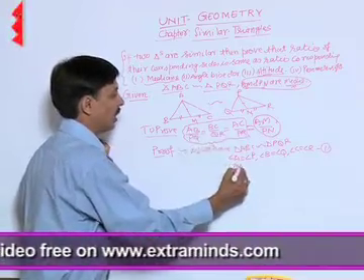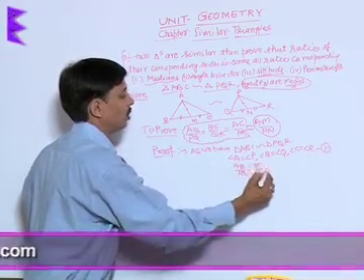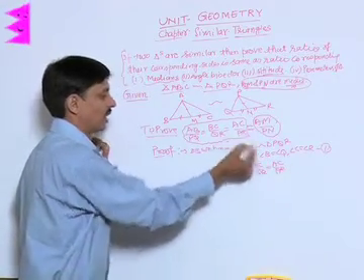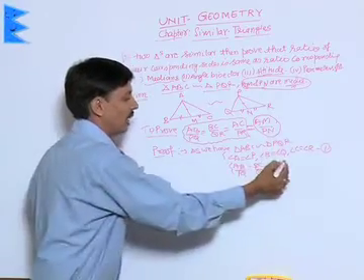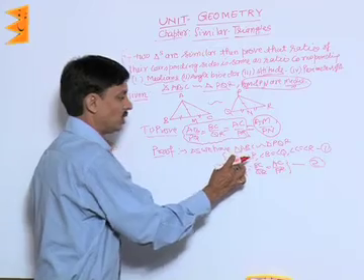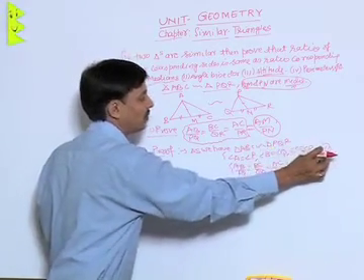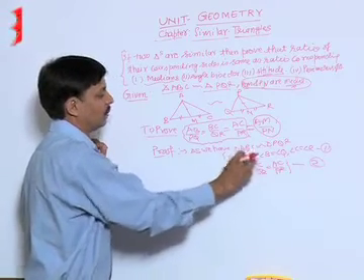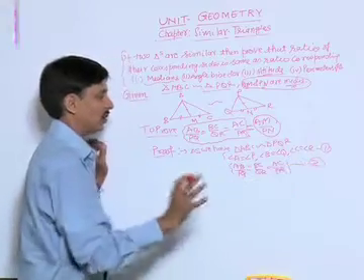Now we have AB upon PQ is equal to BC upon QR is equal to AC upon PR. Again the same reason: as triangles are similar, all corresponding angles are equal, and all 3 corresponding sides are proportional. So the result, angle A equals angle P, angle B equals angle Q, angle C equals angle R, is denoted by result number 1, and the ratio of corresponding sides AB by PQ, BC by QR, AC by PR is denoted by relation number 2.